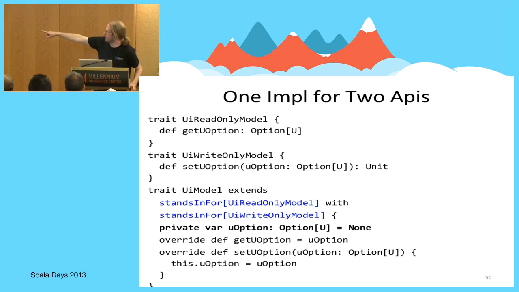And this trait down at the bottom, the UI model, provides implementations for the get-u option in the read-only model, and it provides a set-u option for the write-only model. It stands in for these two models. So I have one implementation with two APIs.